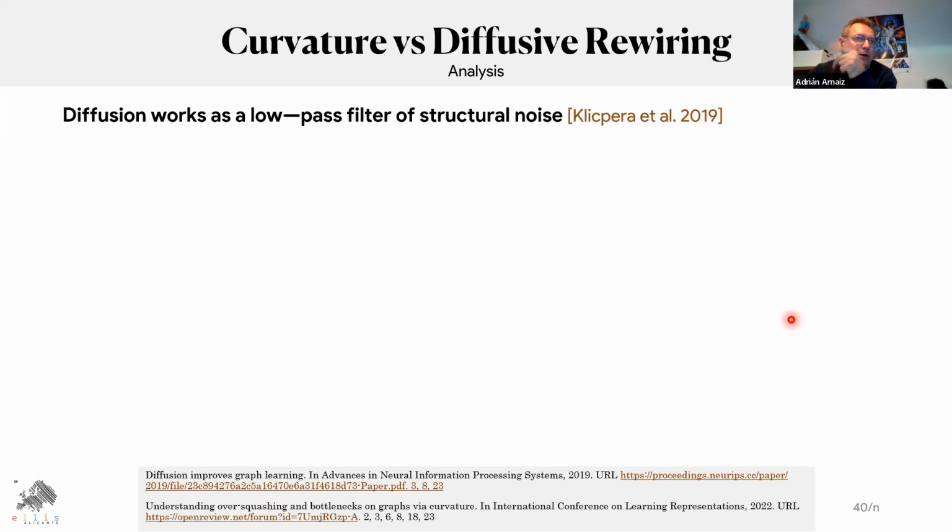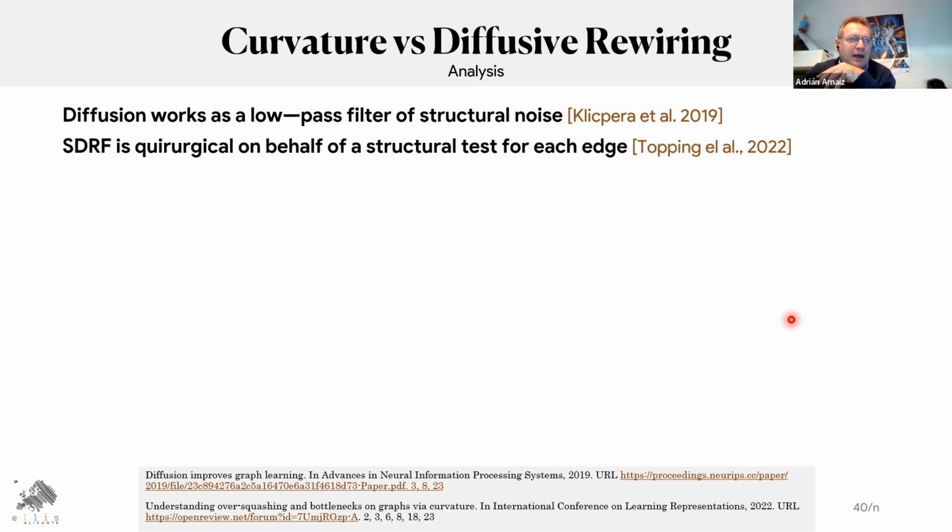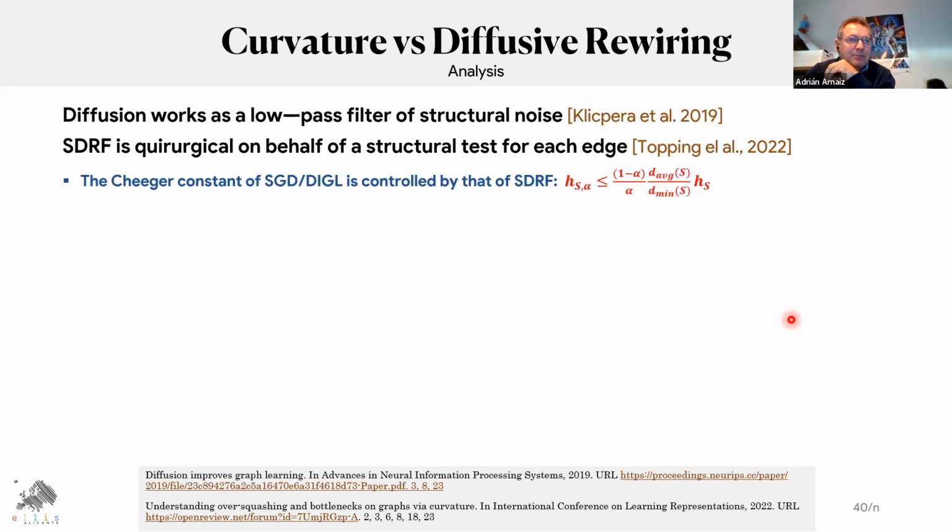Well, the difference between these two approaches is that diffusion works as a low-pass filter. So what we try to do is remove the structural noise. And what the Ricci flow is doing is a kind of surgical work on behalf of the structural task of each edge. So we just do some local work on the critical edges and try to reach the bottleneck.